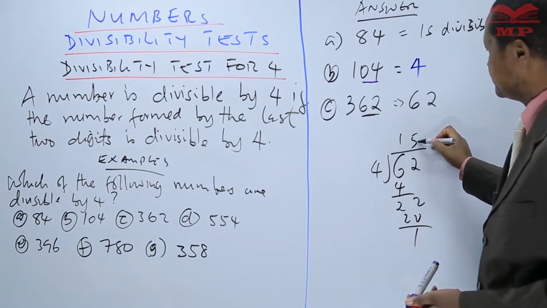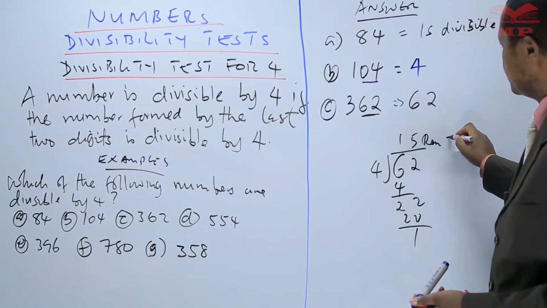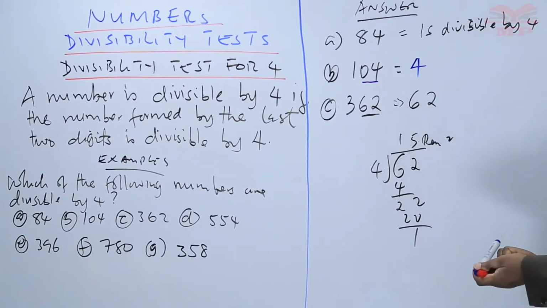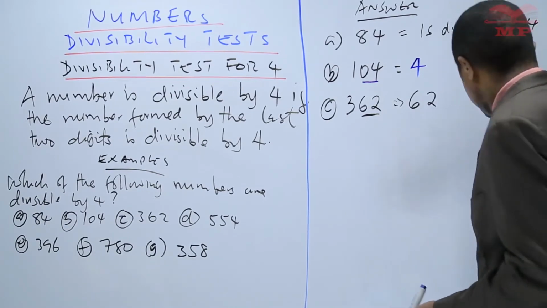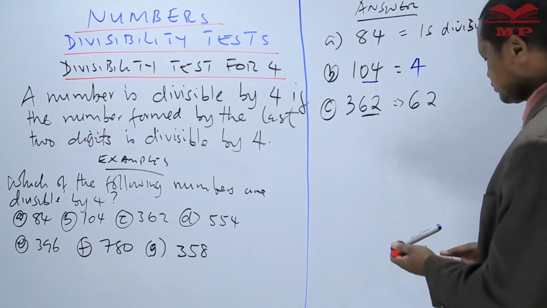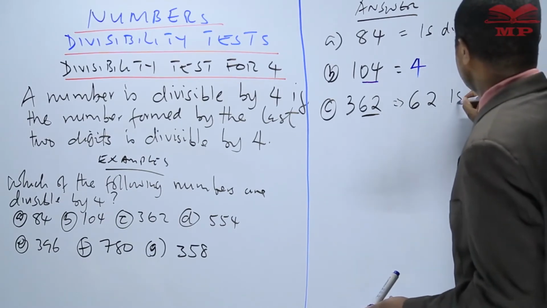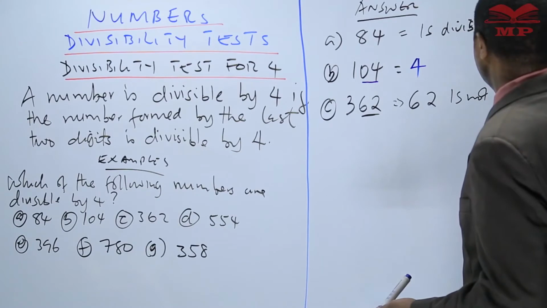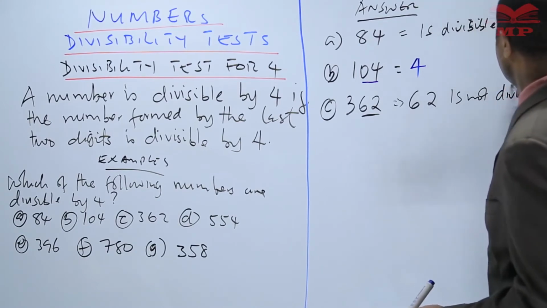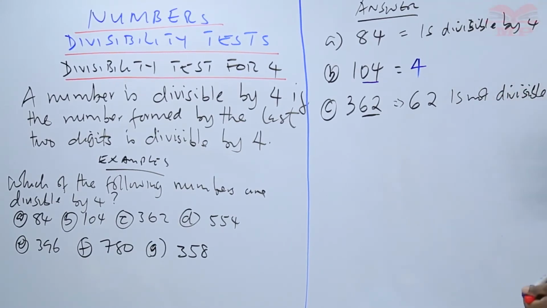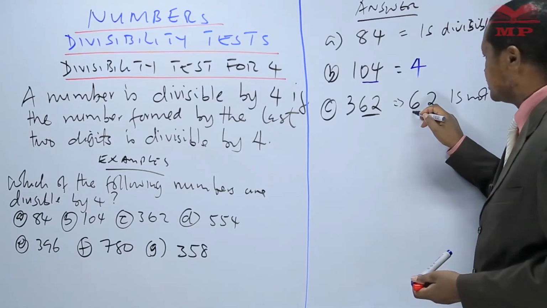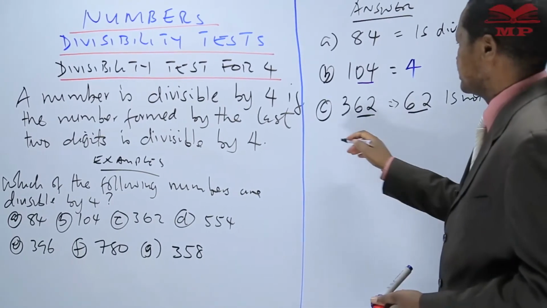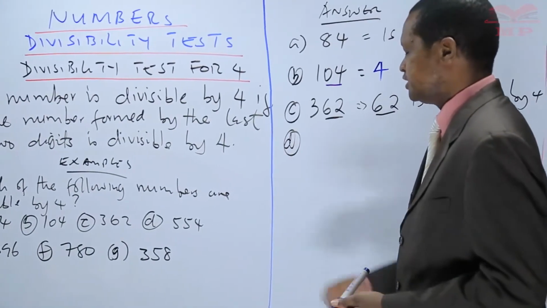So the answer is 15, remainder 2. So this number is not divisible by 4. 362 is not divisible by 4 because the number formed by the last 2 digits is not divisible by 4.